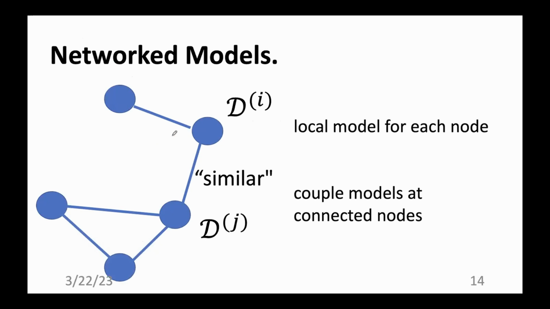Okay, so what do we do then with these networked data sets? Well, we define networked models. We define networked models by attaching a model to each node, and this model could be a scikit-learn model. So for this node i, we could define a scikit-learn linear regression model.